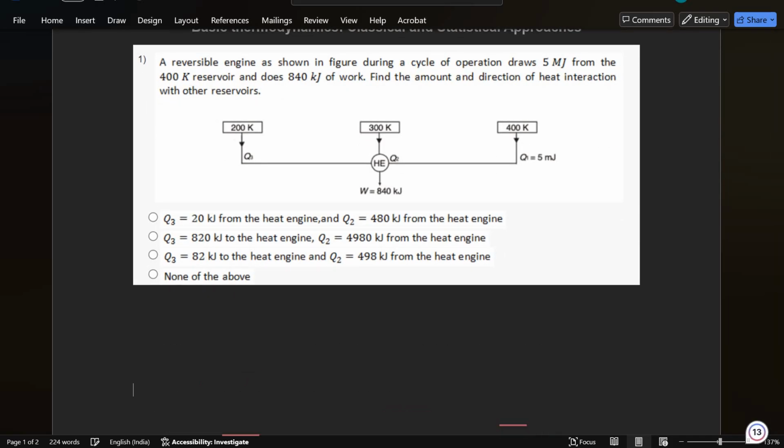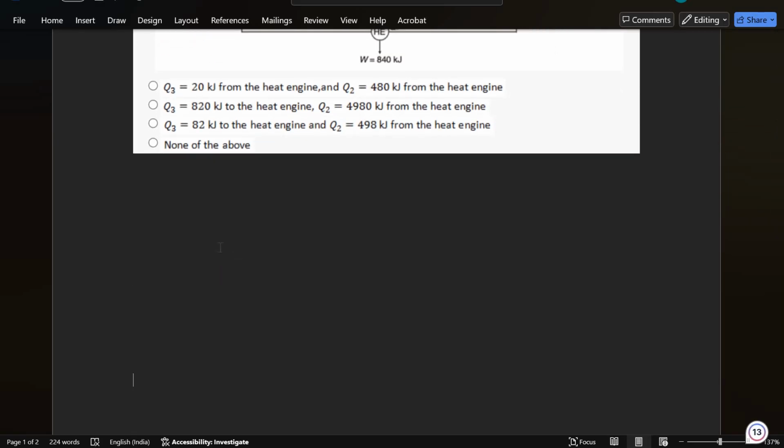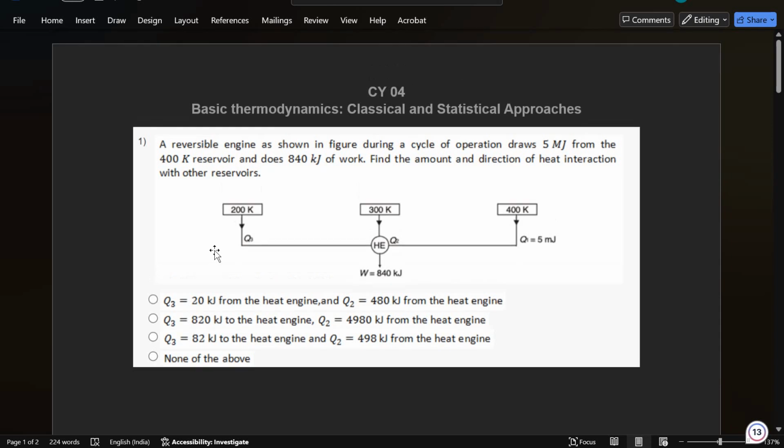So basically, this week mostly it was about a few engines and the definition of entropy and details related to entropy. So we'll go through some problems related to it. First, I'll start with a little tricky problem related to engines.